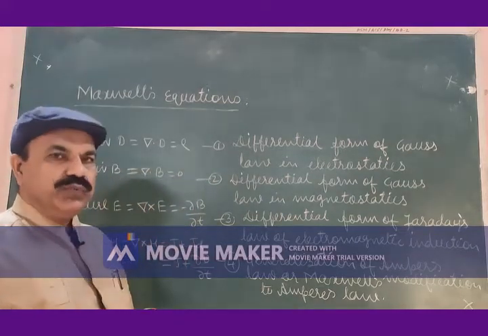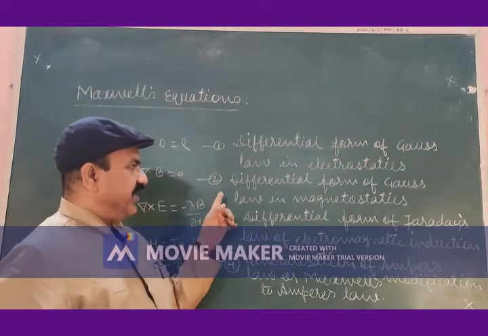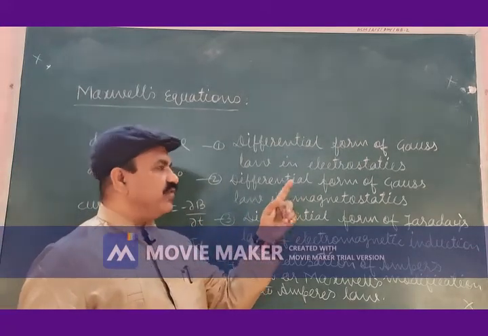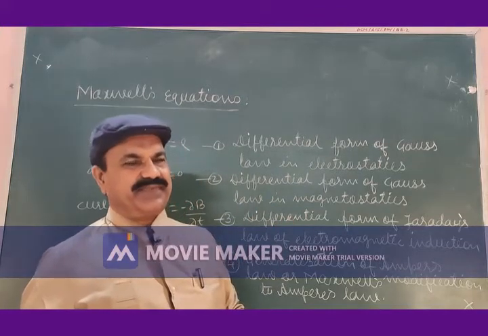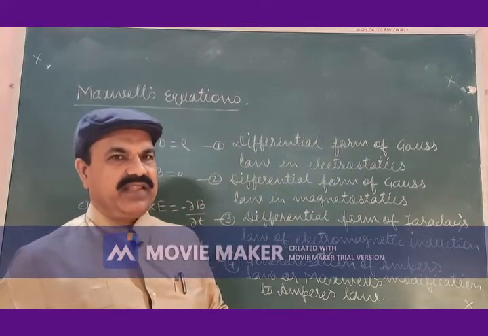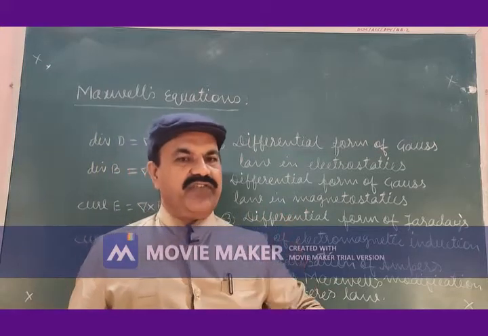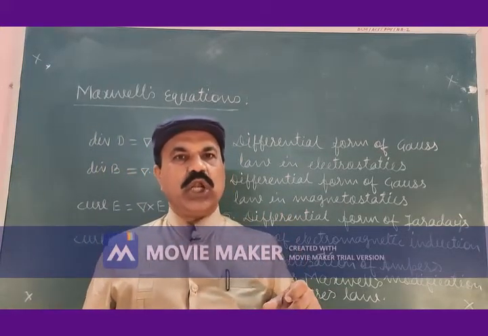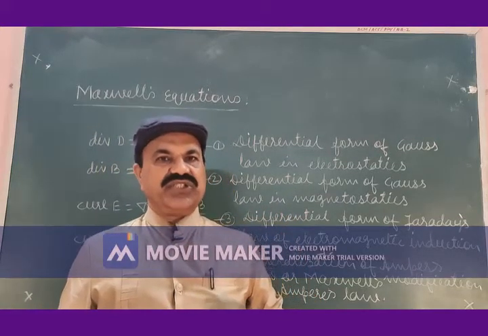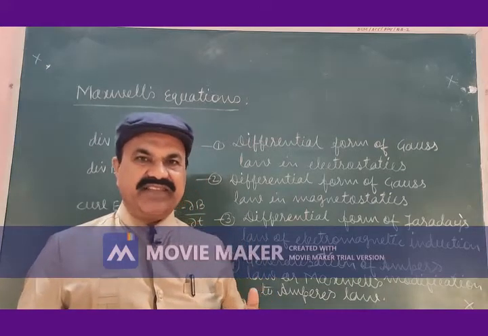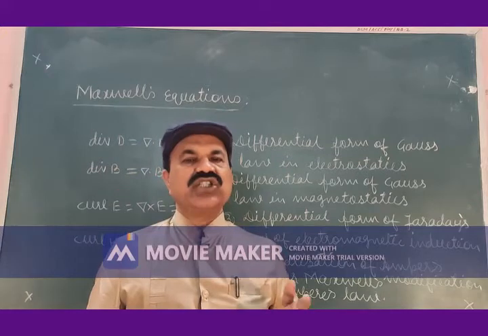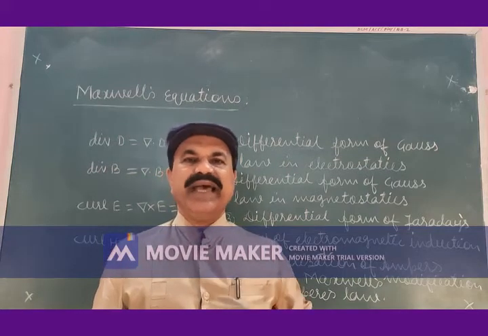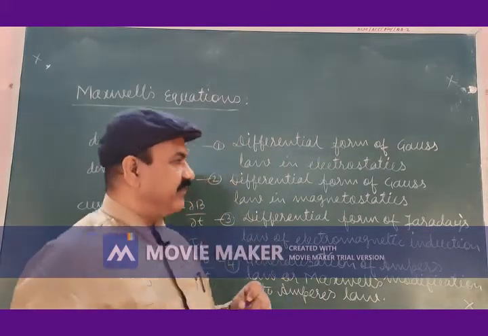Equation number 2. This is differential form of Gauss law in magnetostatics. First equation, differential form of Gauss law in electrostatics. Second equation, differential form of Gauss law in magnetostatics.